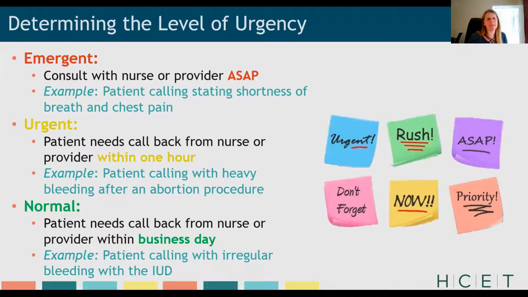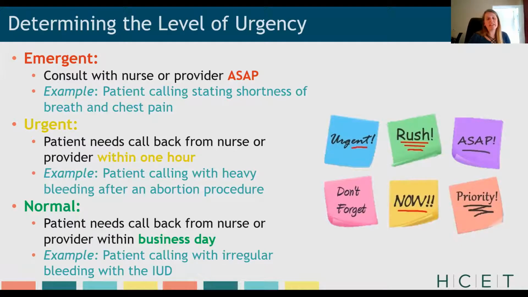So some examples. An example of an emergent situation would be somebody calling you saying, I'm having shortness of breath and chest pain. That is absolutely an ER referral, okay? I mean, unless you're working in an urgent care or an ER, you shouldn't be seeing that patient.